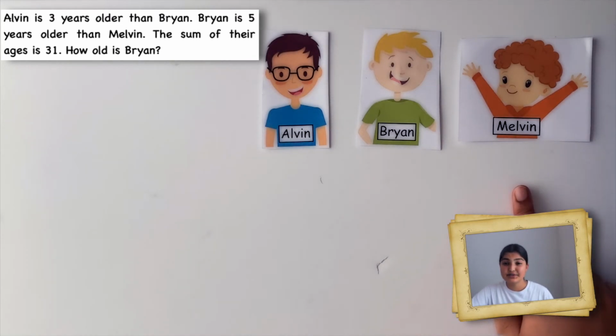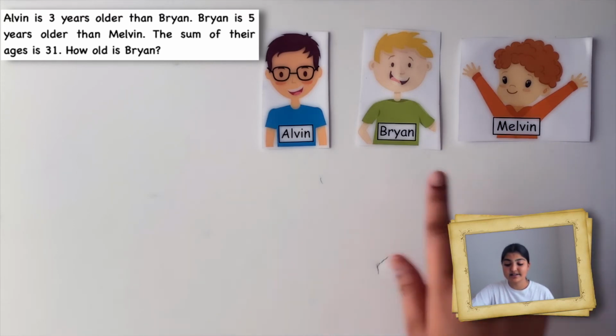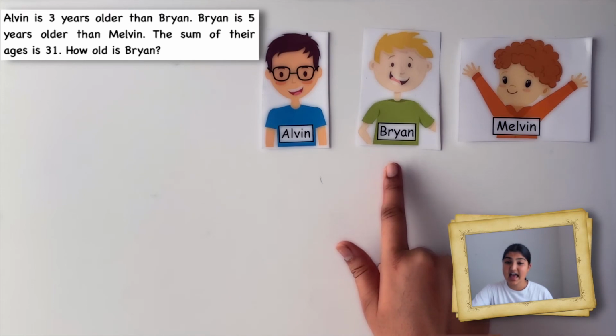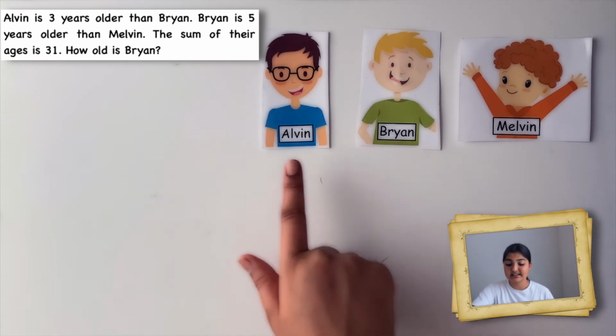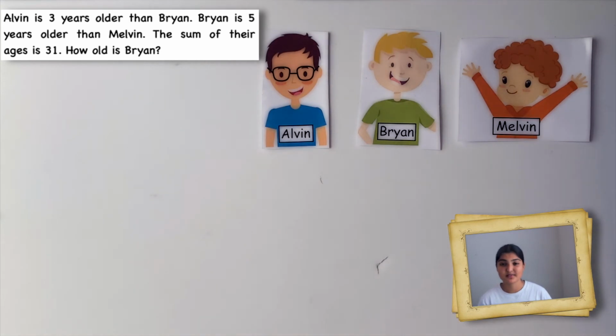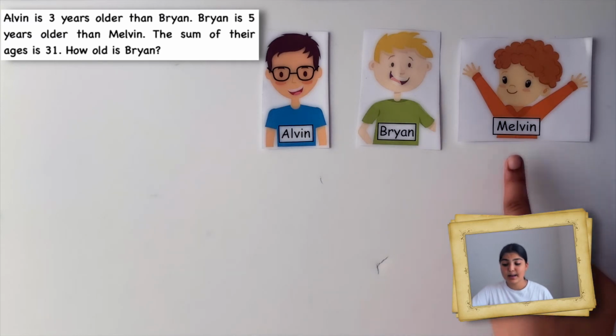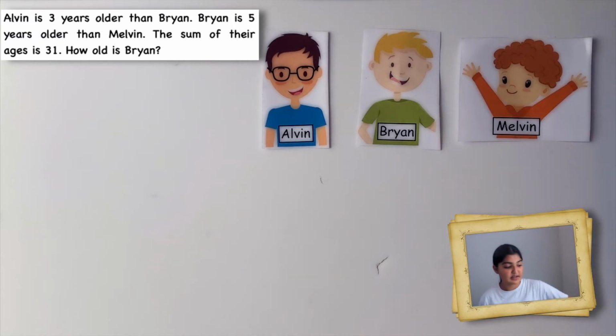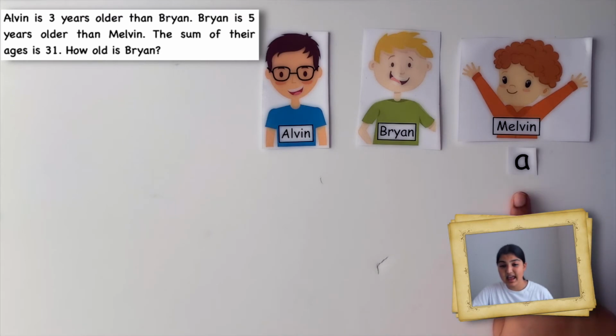Because if we assume Melvin's age, we can find Bryan's age, and then we can find Alvin's age. So, let's assume Melvin's age using a variable. We can use the variable A for Melvin's age. So, Melvin is A years old.